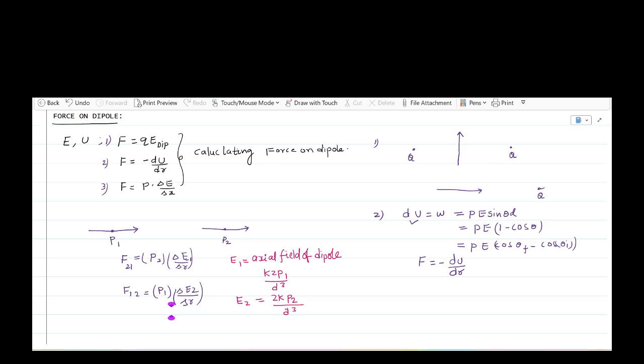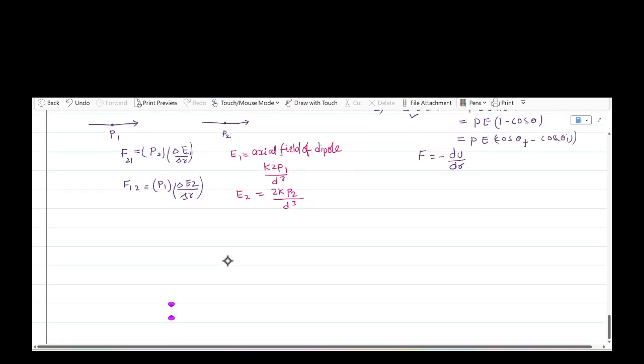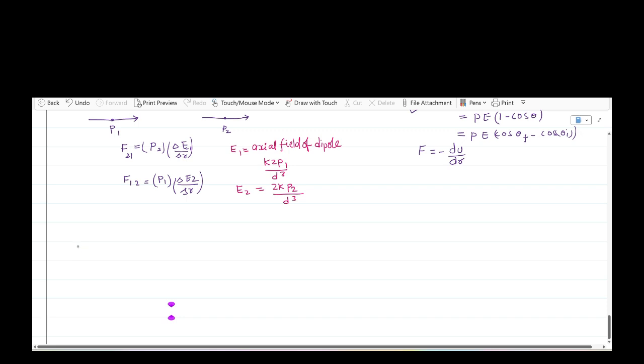That means dipole 1 is in the field of P2, and dipole 2 is in the field of E1, the axial field of dipole 1. So if you do this method, you will get dE by dr, either for E1 or E2.